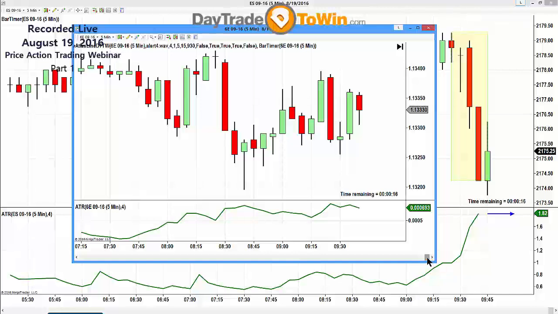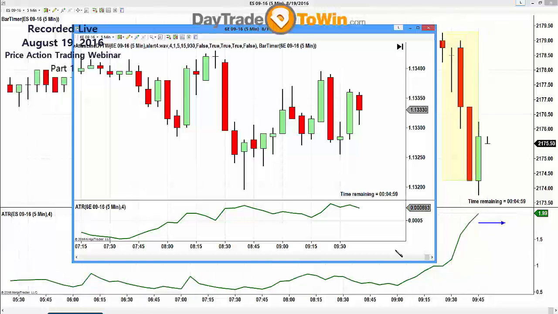Now, the reason I mentioned that: you're in a trade, you have an expectation of a profit target based off of this ATR, 6 or 7 ticks, and now the market begins to slow down. Maybe it's contracting, maybe the candles are getting smaller because it's drying up. Wouldn't that tell you, based on the price action, that you should also adapt and change?